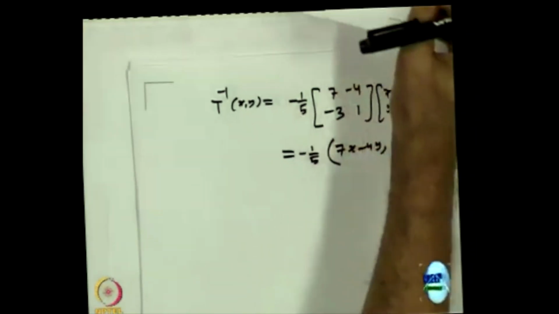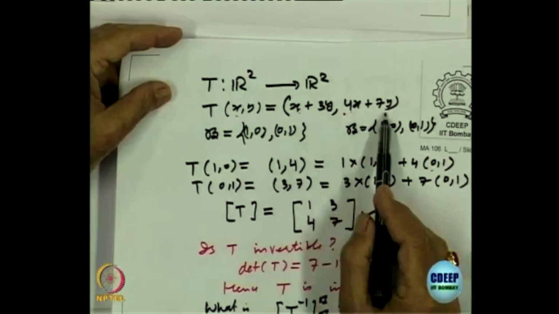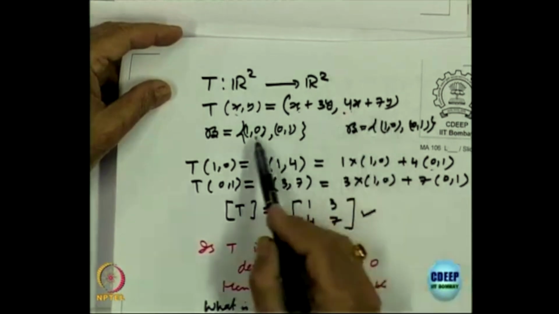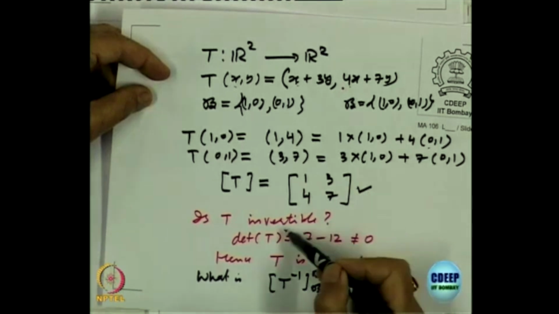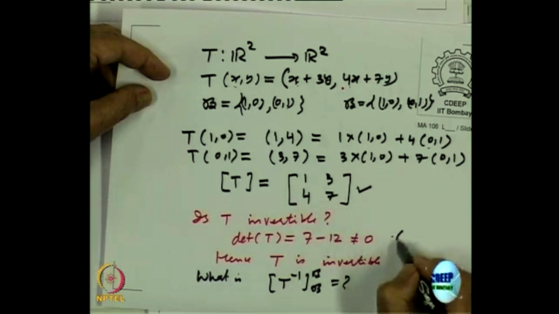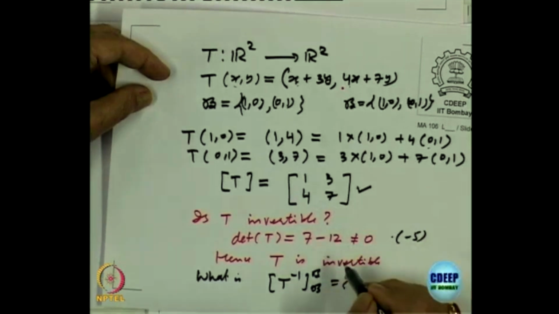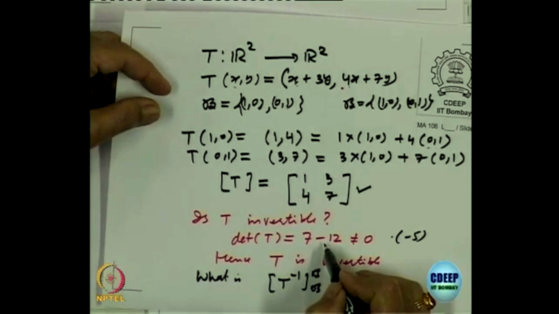We started with T being x plus 3y, 4x plus 7y. With respect to that basis, we found the matrix of this, and the determinant is not equal to 0, it is actually equal to minus 5, so it is invertible.